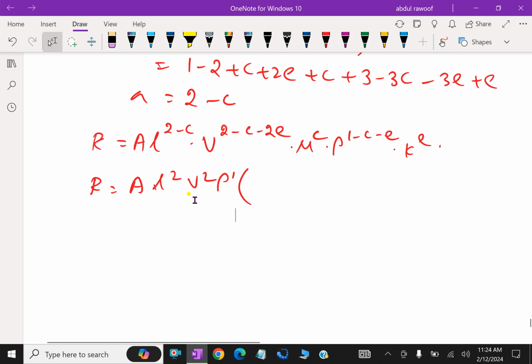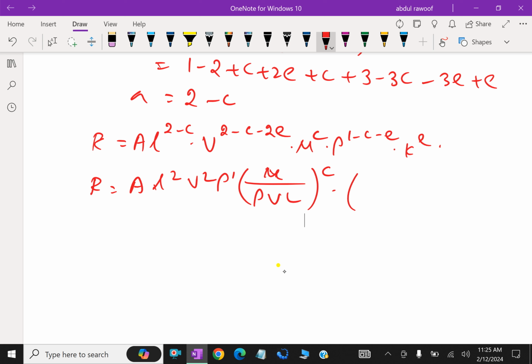Then the power c terms give mu over rho V L. The power e terms give K over rho V squared.